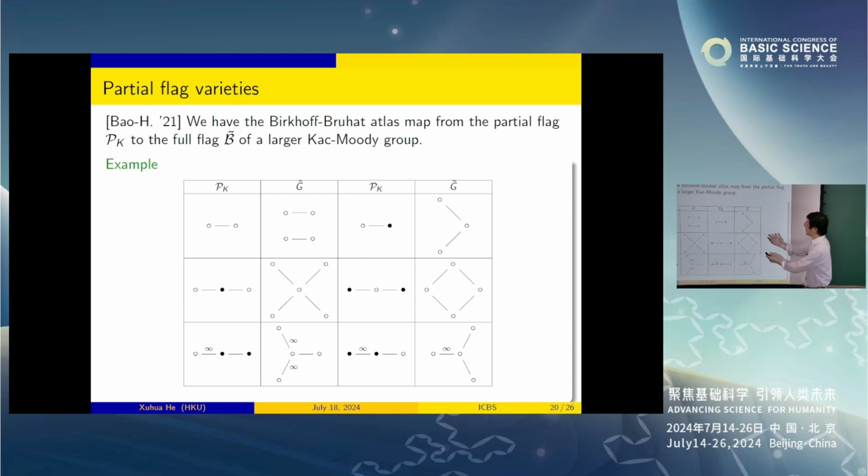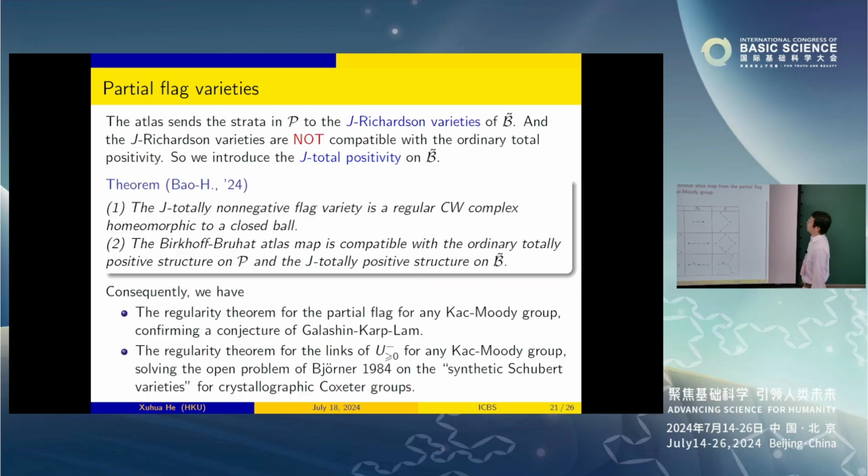Roughly speaking, the way to do this is what you call the Birkhoff of the Bott atlas. And the atlas has an interesting technical part.